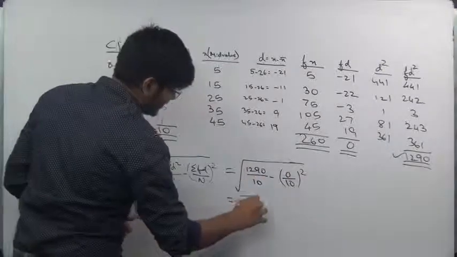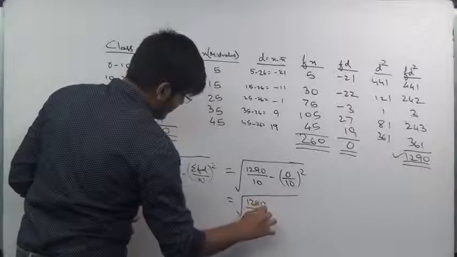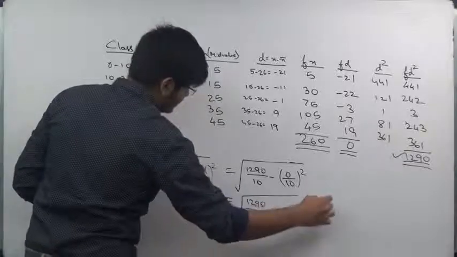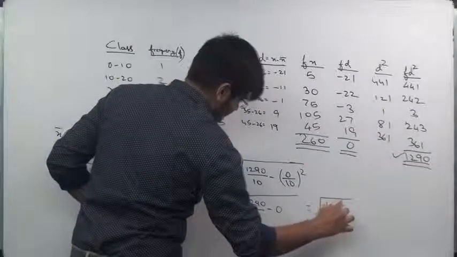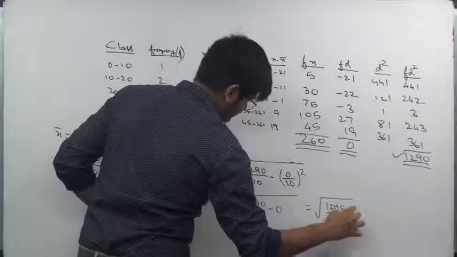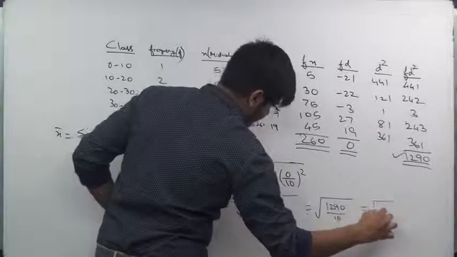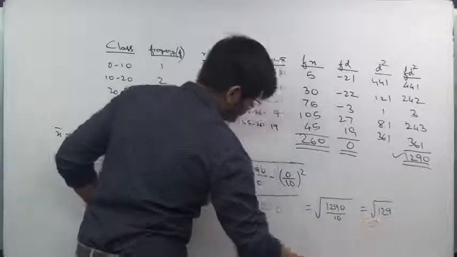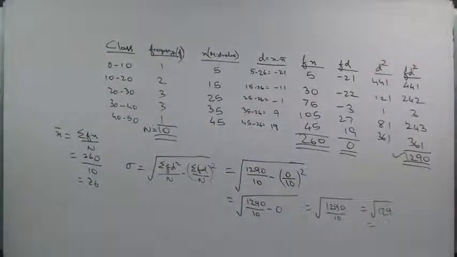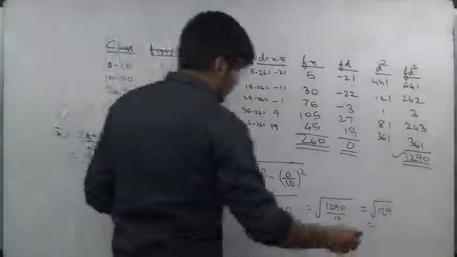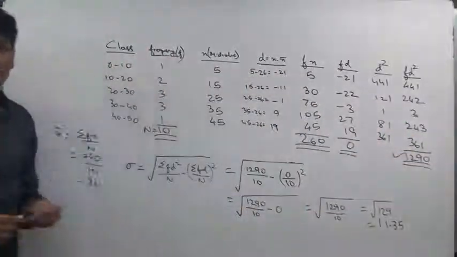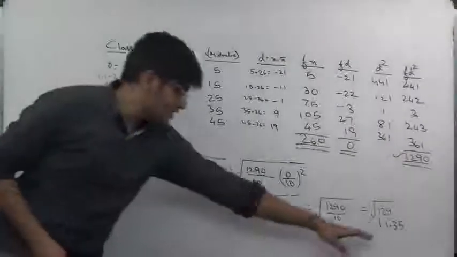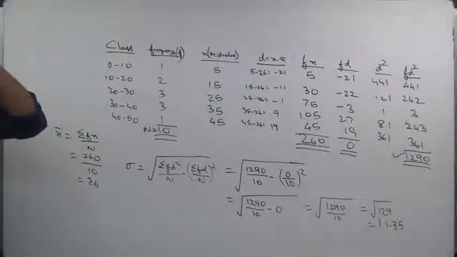So what we write, do not skip a step, divided by 10 minus 0 is equal to root over 129, use calculators, will come down to approximately 11.35, maybe 34 something, you can always round it off. At least 2 digits, keep original, otherwise you can round off any other digits you want.